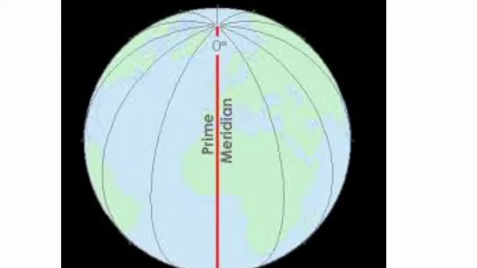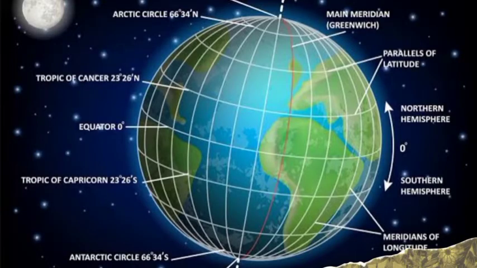As you move toward the poles, the distance between each line of longitude becomes shorter until they converge at the north and south poles. The distance between longitudes reaches zero at the poles as the meridians converge at that point.